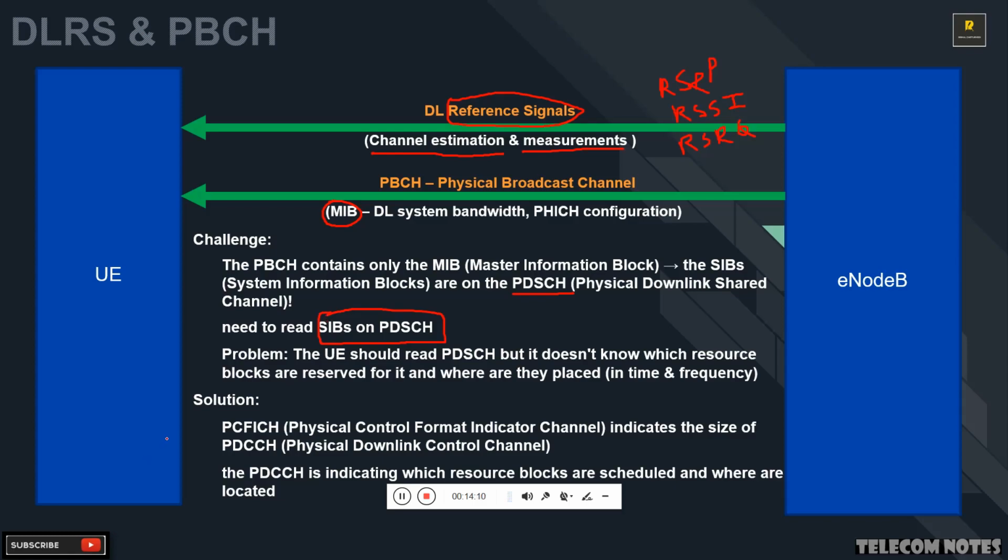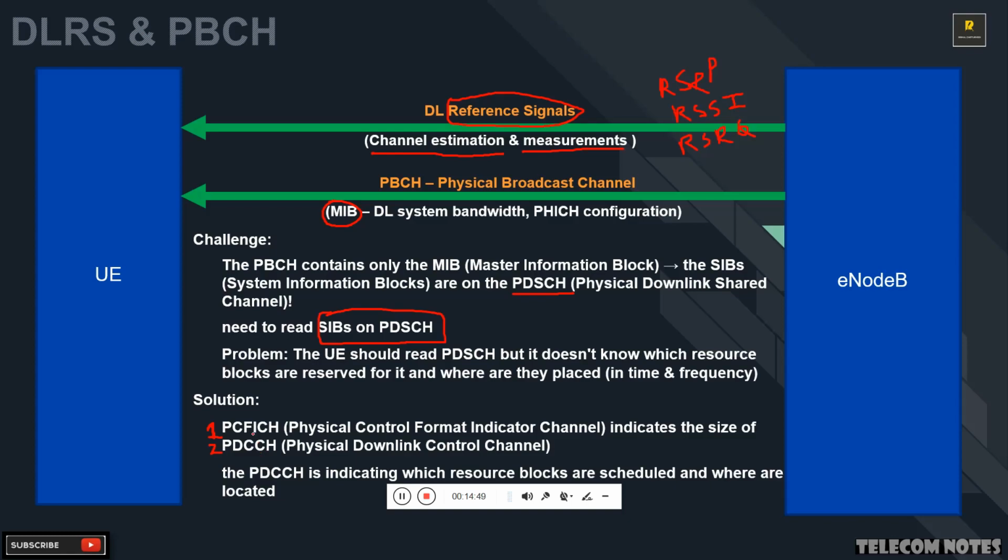So for the solution we are having PCFICH. Let's put it as number 1. The PCFICH, physical control format indicator channel, indicates the size of PDCCH. Put number 2 in case of PDCCH, physical downlink control channel, and the PDCCH indicates which resource blocks are scheduled and where they are located.